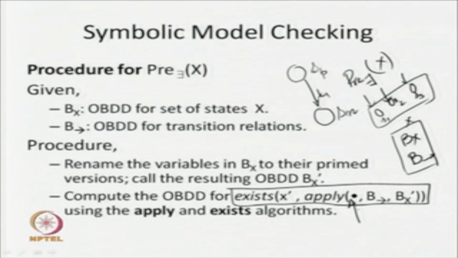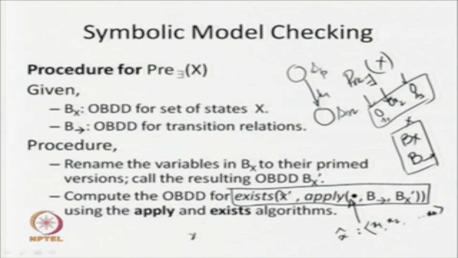After that, we apply the exists algorithm, making it independent of the primed versions of those variables. Basically x is a vector. What is the x set? The x set is the vector of all the variables we are using, x1, x2 to xn.